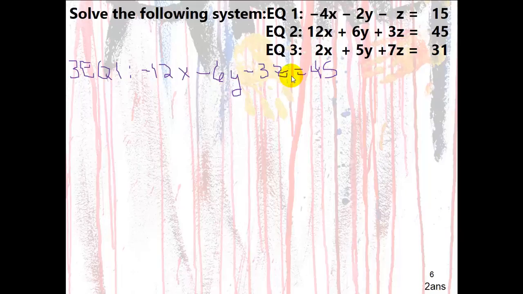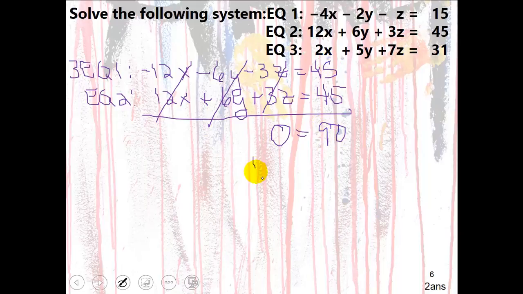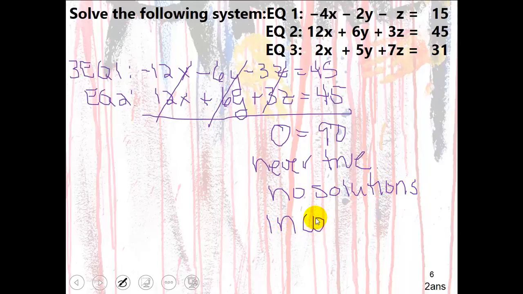And then I'm going to add it to equation 2, which is 12x plus 6y plus 3z equals 45. And notice that these all cancel, 0, but this one adds together equals 90. This is never true, so there are no solutions and inconsistent.